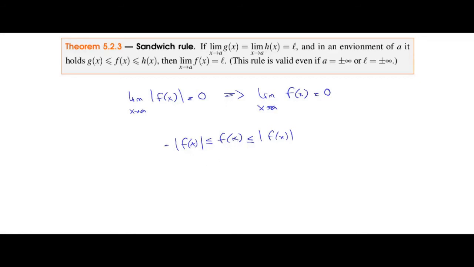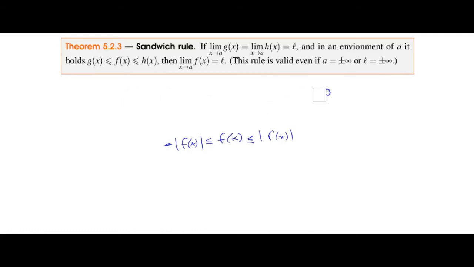So if the limit of the absolute value is going to 0, we have that the limit of the function is going to 0, as we have seen in sequences.